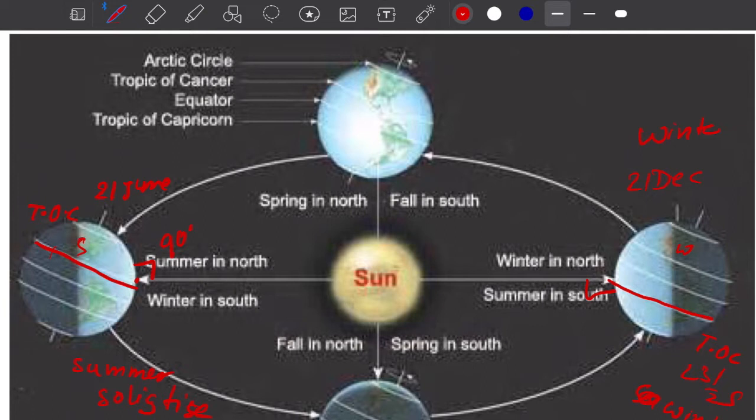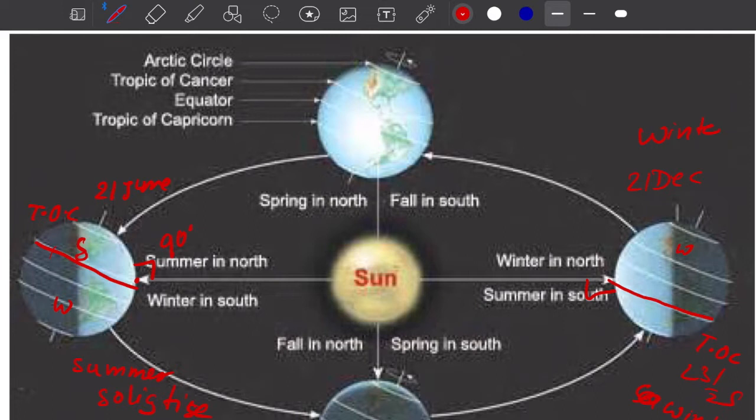But always remember, if there is summer in the northern hemisphere, that means there is winter in the southern hemisphere. So remember, on 21st of June there is winter in the southern hemisphere, that is Antarctica, Australia, South America, and the lower part of Africa, not the entire region. Okay, is this clear?